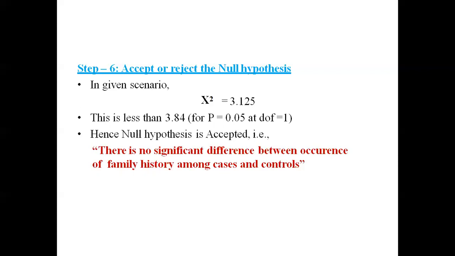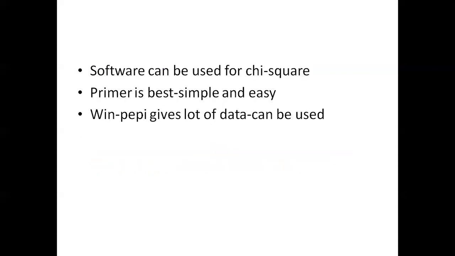So we will accept the null hypothesis, that is there is no significant difference between the occurrence of family history among cases and controls. Okay, so we will accept the null hypothesis, that is there is no difference between cases and control on the basis of family history of cancers. So we can use the softwares as well.